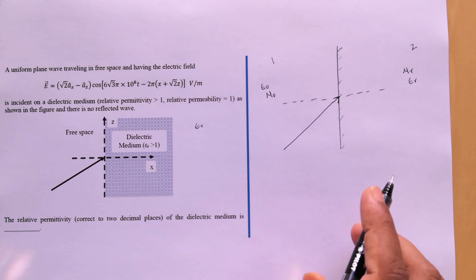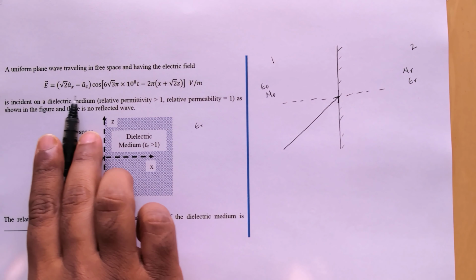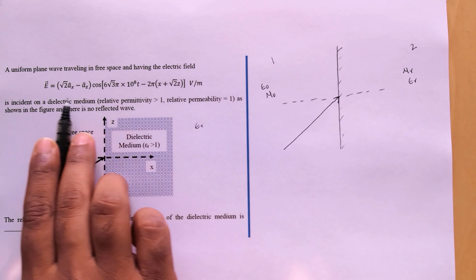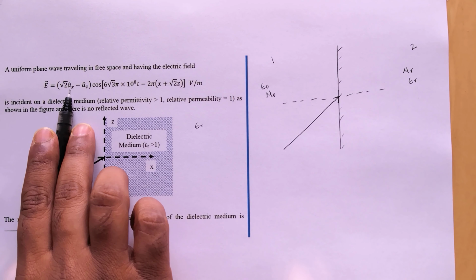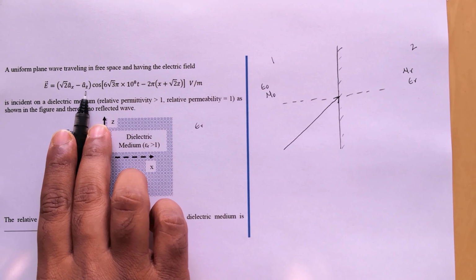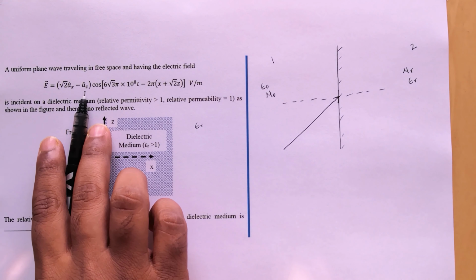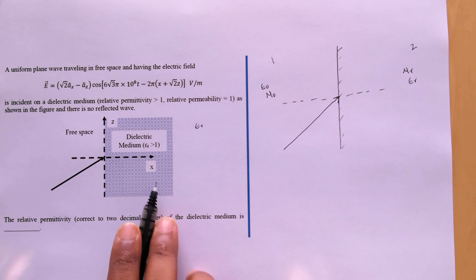And now let's look at the given electromagnetic wave. If you see here, the electromagnetic wave has components ax and az, and notice that there is no ay, and they have given the axes here.